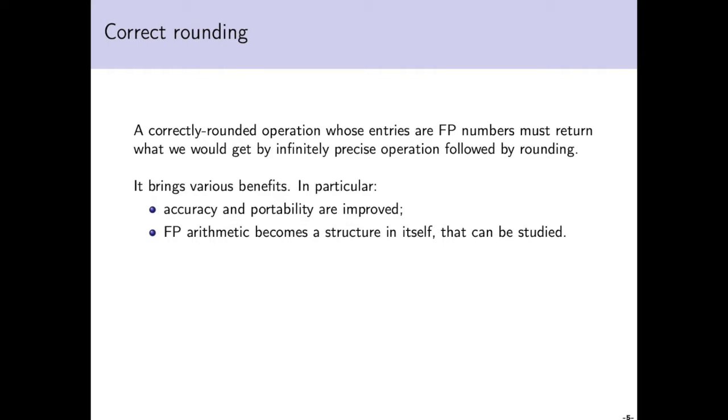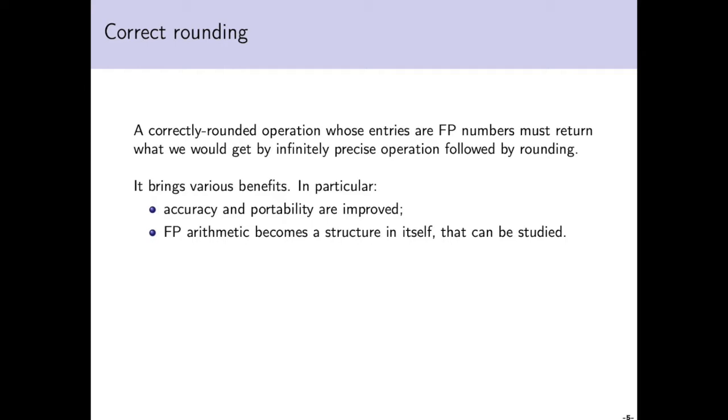Second thing, basically, at first, one could think that we don't have much structure when we work with floating point arithmetic. Imagine that even the sum of two floating point numbers has no reason to be a floating point number.